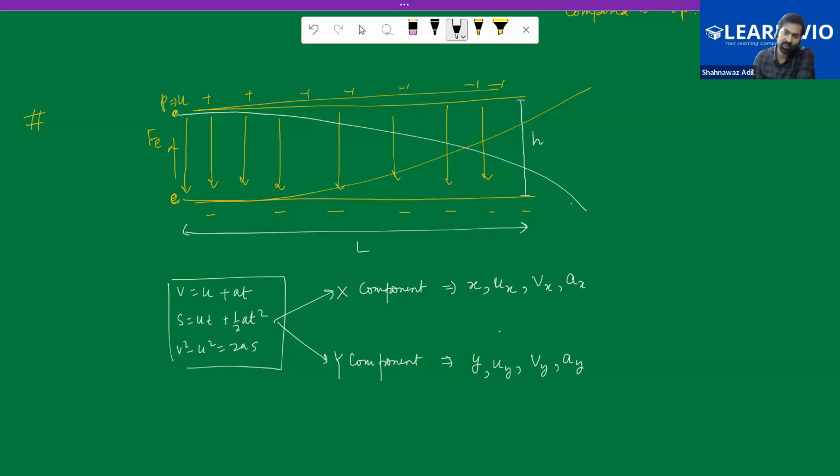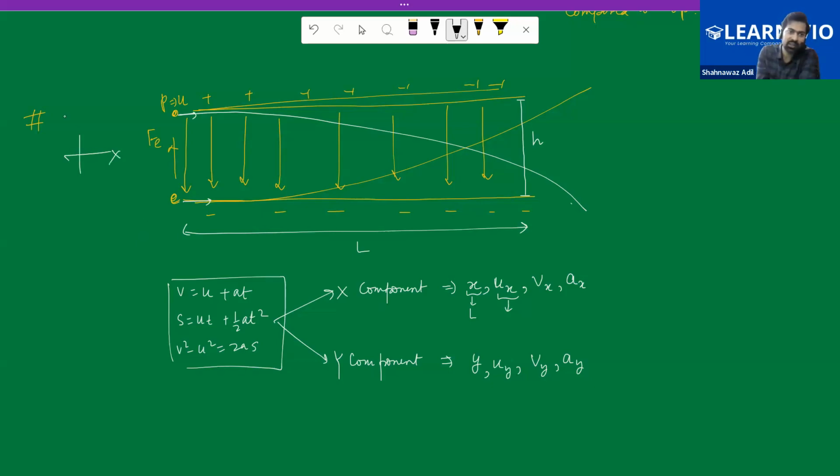So can you tell me, the X distance is how much? This is L. Ux is how much? Can you tell what is Ux? So this is the axis, right?